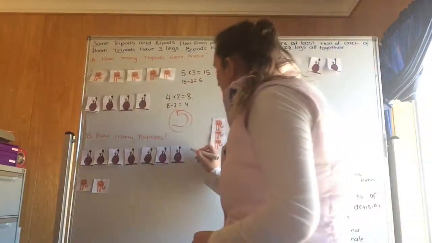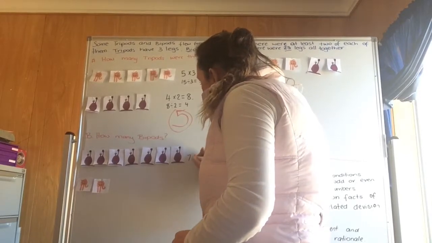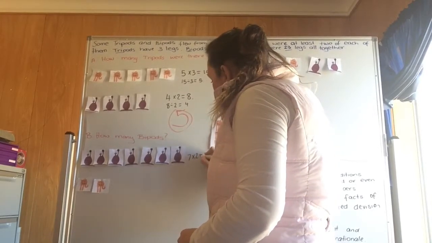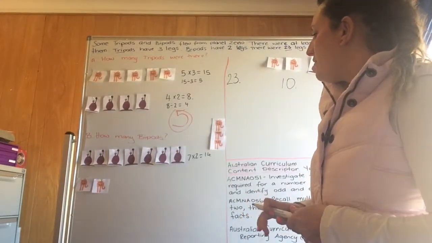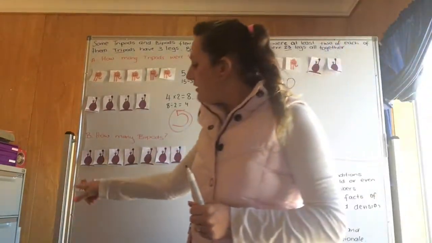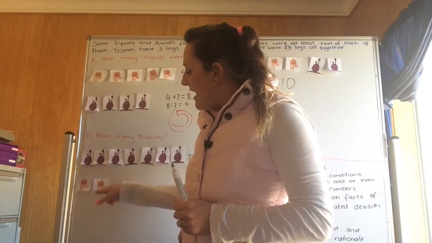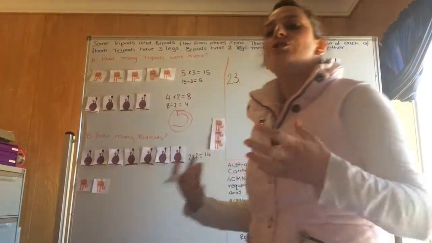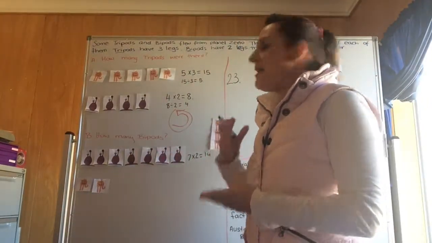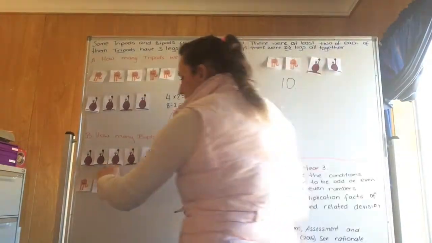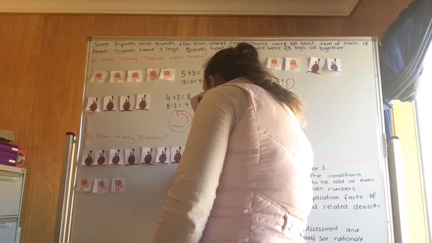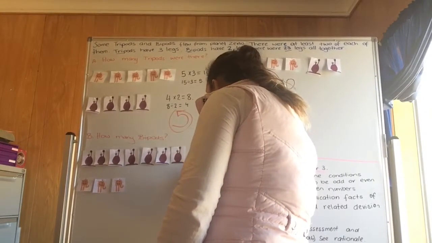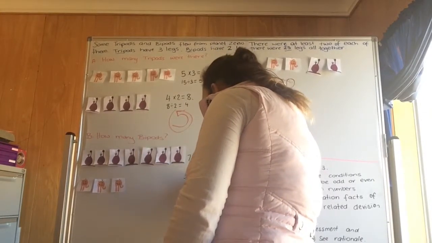So we've got 7 bipods times the 2 legs gives you 14. So we've got 14 legs already. So 14, 15, 16, 17, 18, 19, 20. So your students will know they need 3 more legs. Here's your 3 more legs. 3 times 3 equals 9. 9 and 14 is 23.